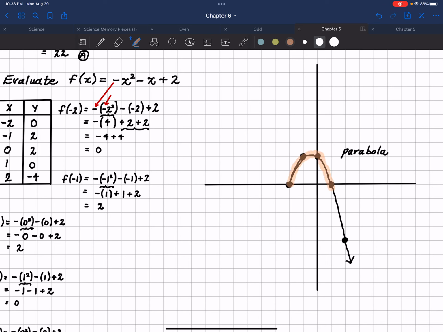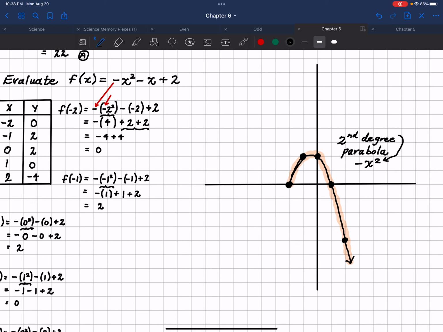So it's coming down. And I knew that because in my function, my term for x squared was negative. So if you have a second degree function, that's what this is called. That's where the 2 fits. It is a parabola, and if it's negative, it will open down.